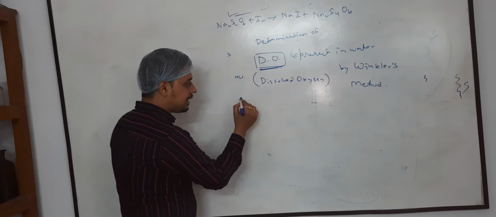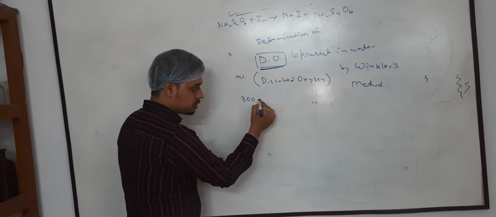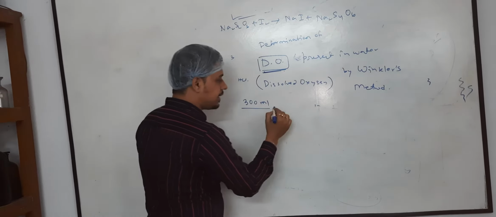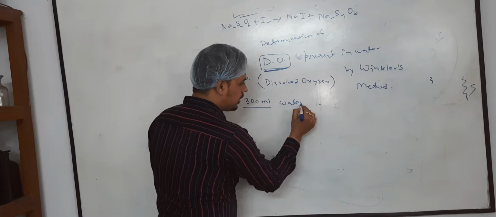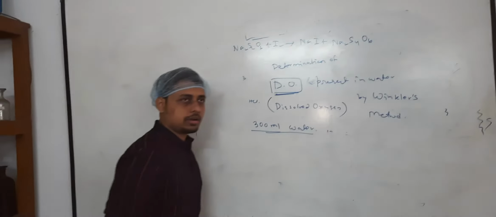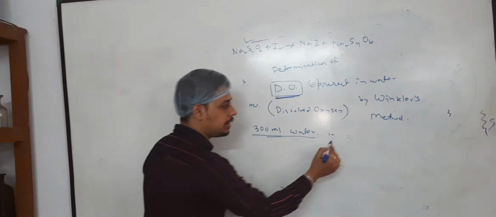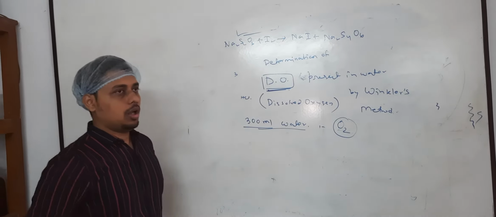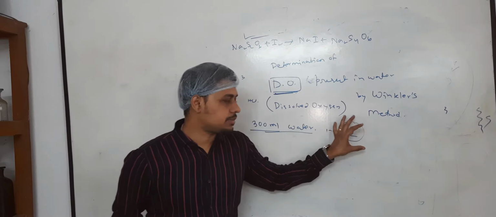We have taken almost 300 ml of water in that DO bottle. It is not measured properly. Let us assume that this water contains some amount of dissolved oxygen. We don't know the amount, we will calculate.